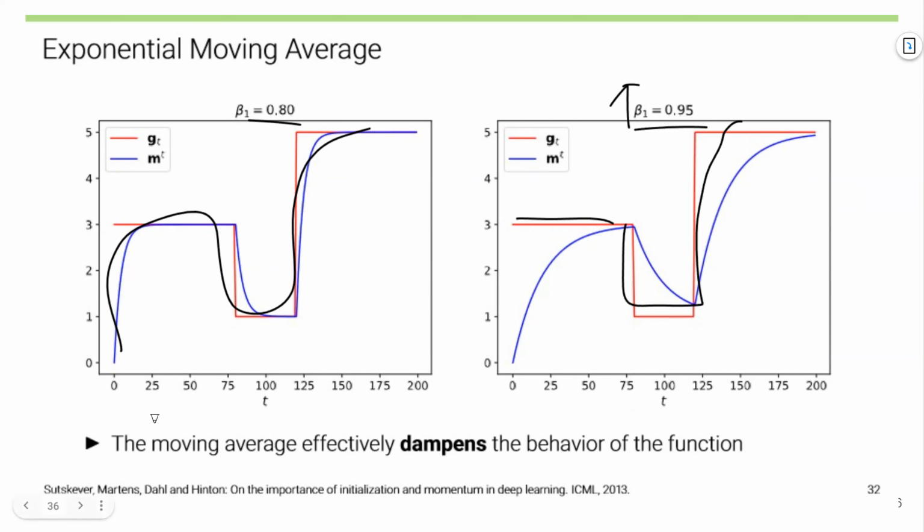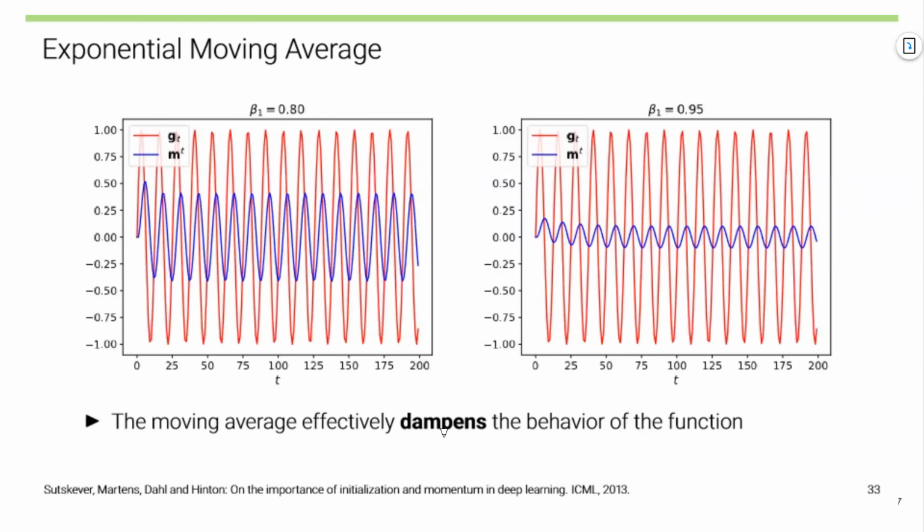So you can think of moving average as damping the behavior of the function. Here is another example. When the value is smaller, it just follows the ground truth values. So we set a larger beta 1, and the effect of damping becomes larger.